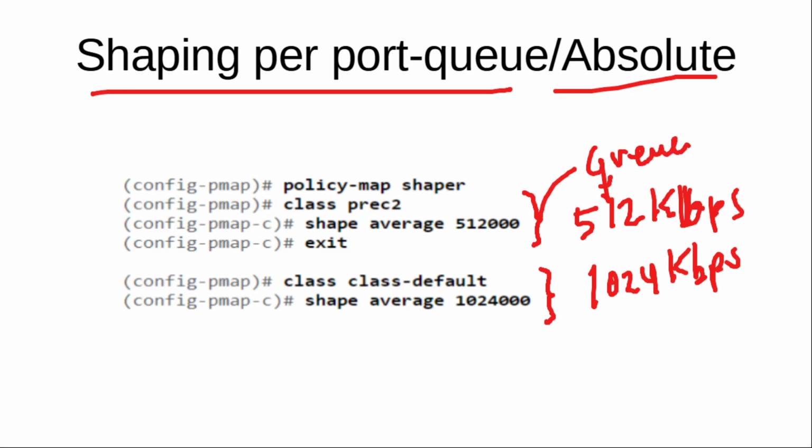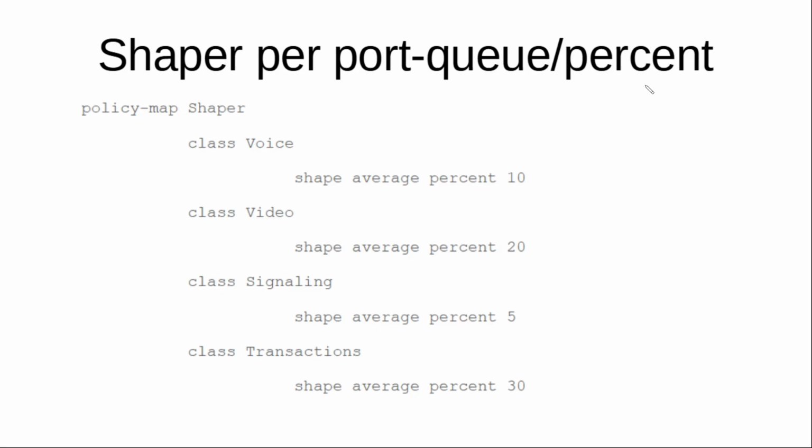So far, so good. Let's see now shaper per queue, but we're going to use percent now. So we have this class here, and then we have a video class here, and then we have a signaling class here, and then we have a transaction signaling here.